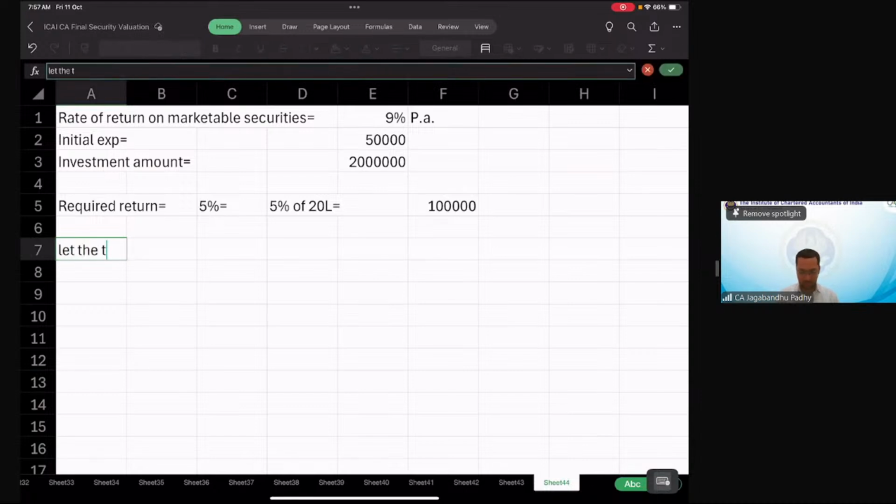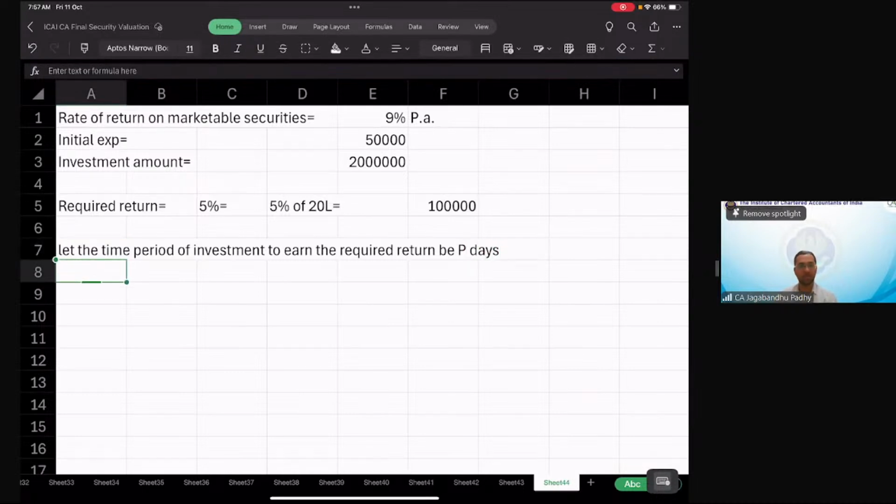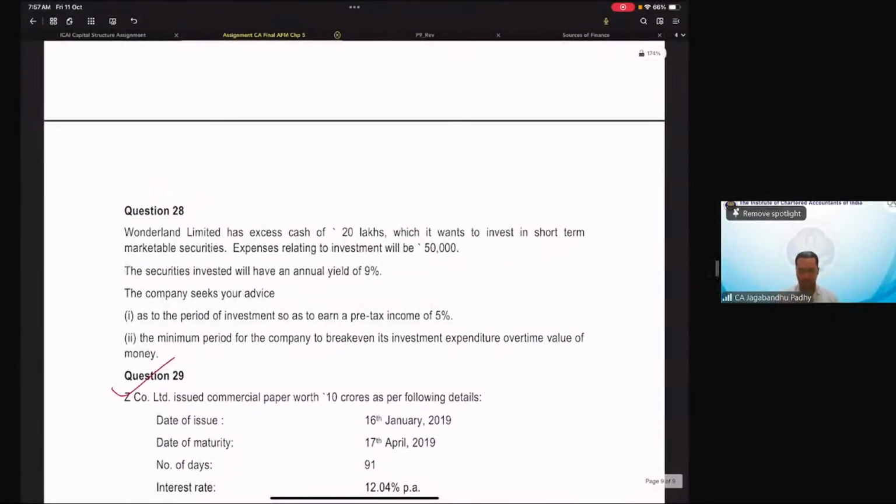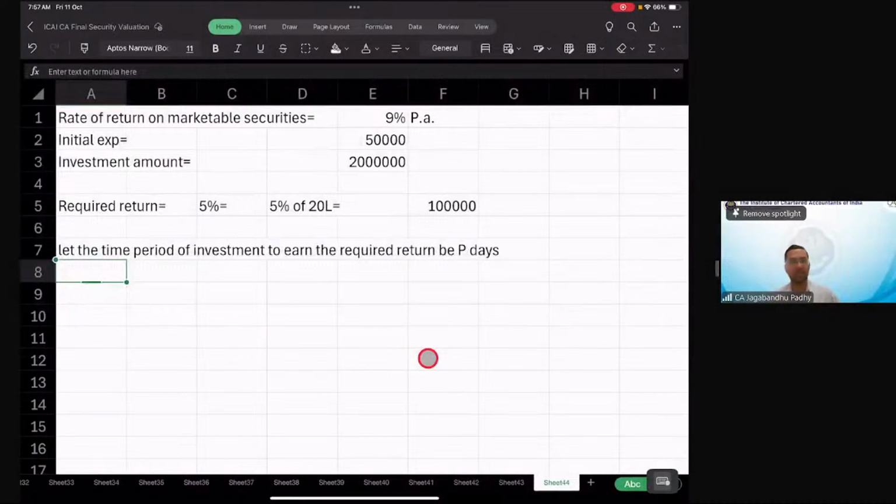So we'll say, let the time period of investment to earn the required return be P days. Let us take it as P days because nothing has been mentioned about calculating in months. The rate of return that we are going to have is based on these P days.